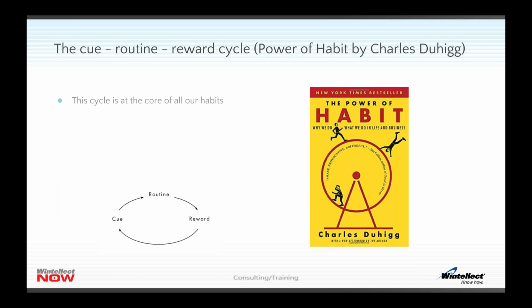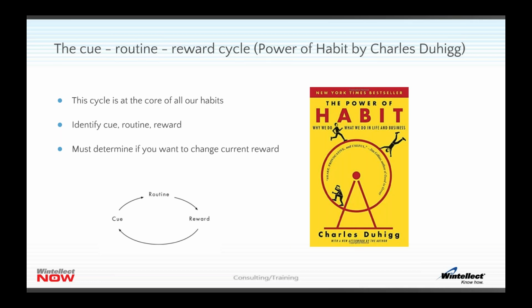This talk was actually motivated by a book I read called The Power of Habit, and this is very loosely based on it. In this book, the author, Charles Duhigg, identified a core cycle that's part of all of our habits.